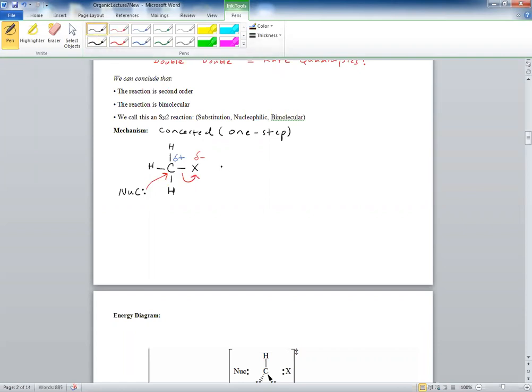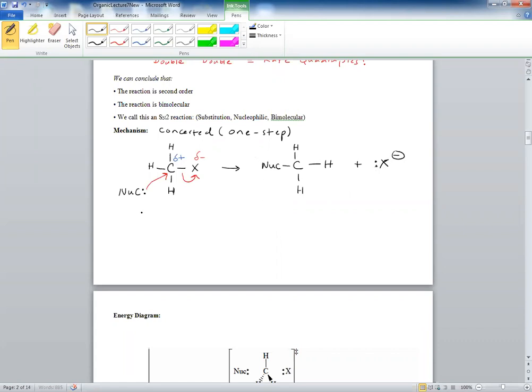So you would get, and notice how I'm drawing this, right here, of course, you have X minus. As we said, where the bond breaks, it takes the electrons with it. Here it is, that's the lone pair. And in this case, that's your product.